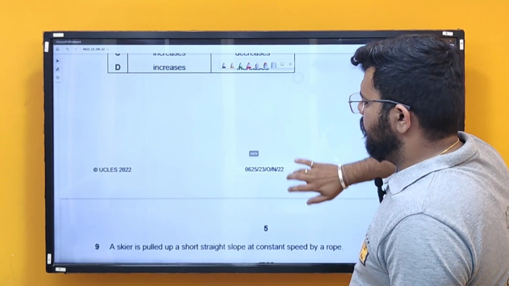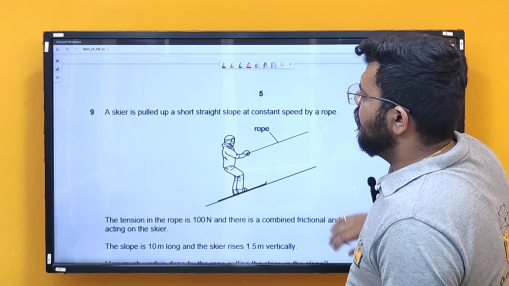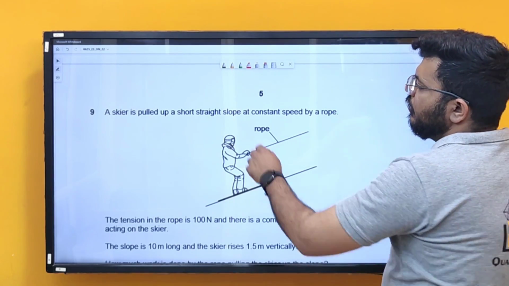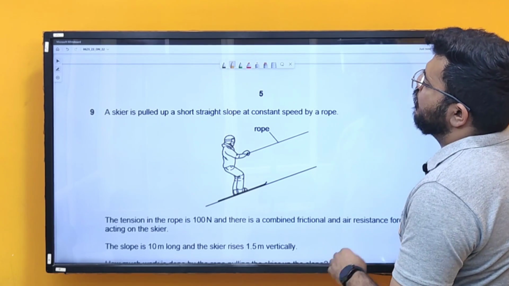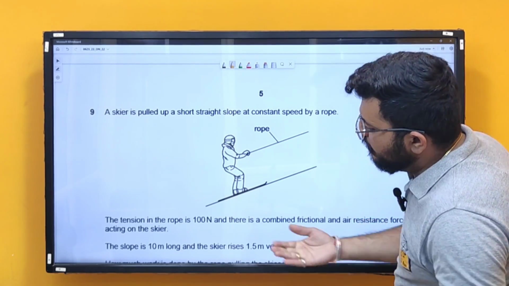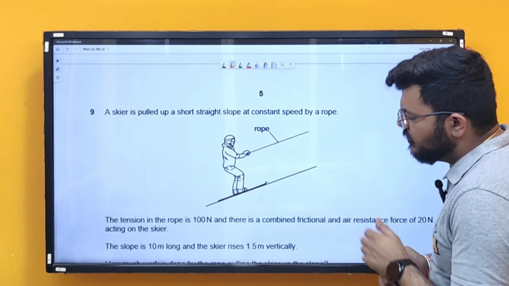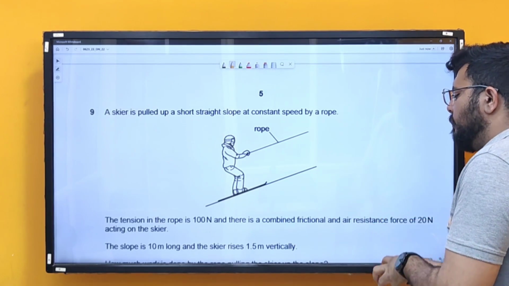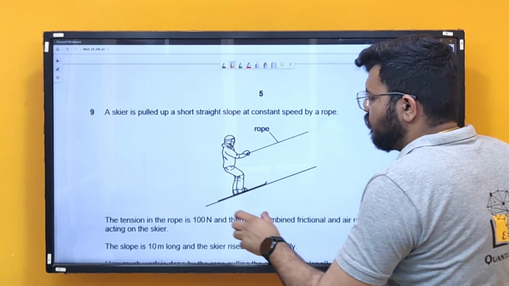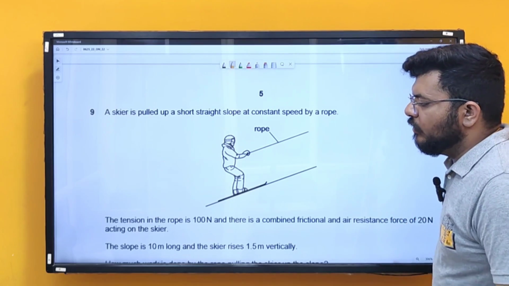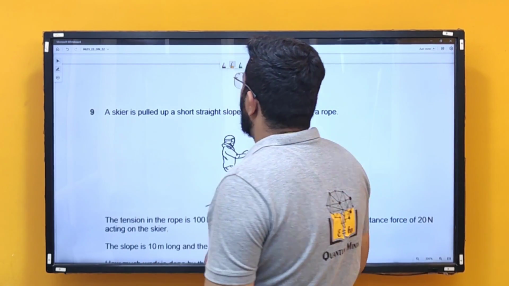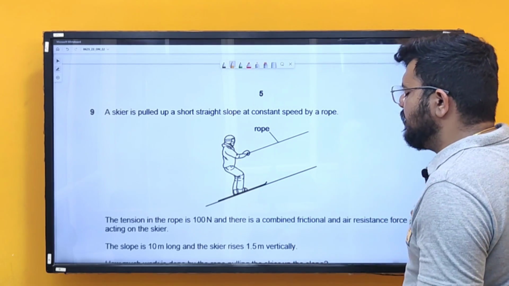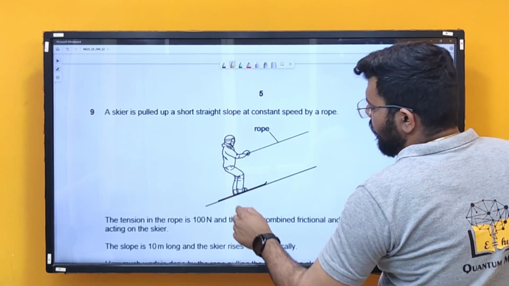Then we have question number 9. A skier is pulled up a short straight slope at constant speed by a rope. The tension in the rope is 100 Newton and there is a combined frictional and air resistance force of 80 Newton acting on the skier. The slope is 10 meter long and the skier rises 1.5 meter vertically.